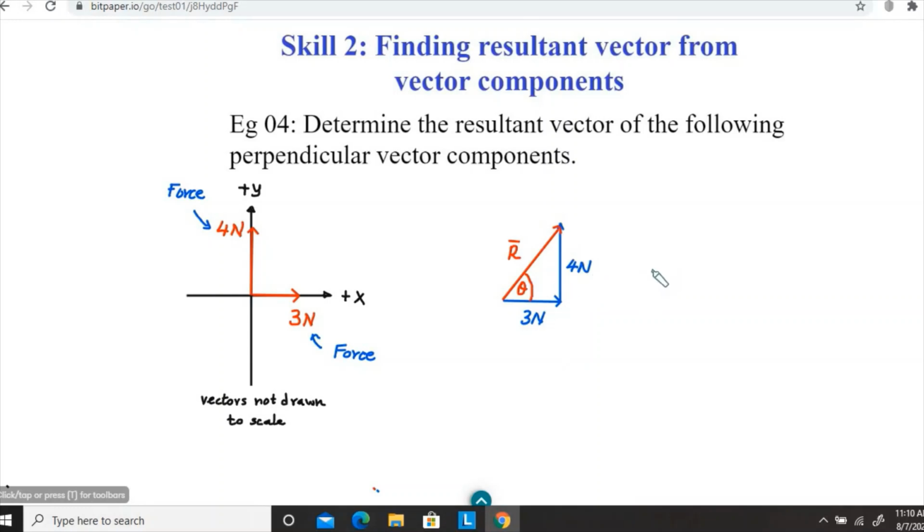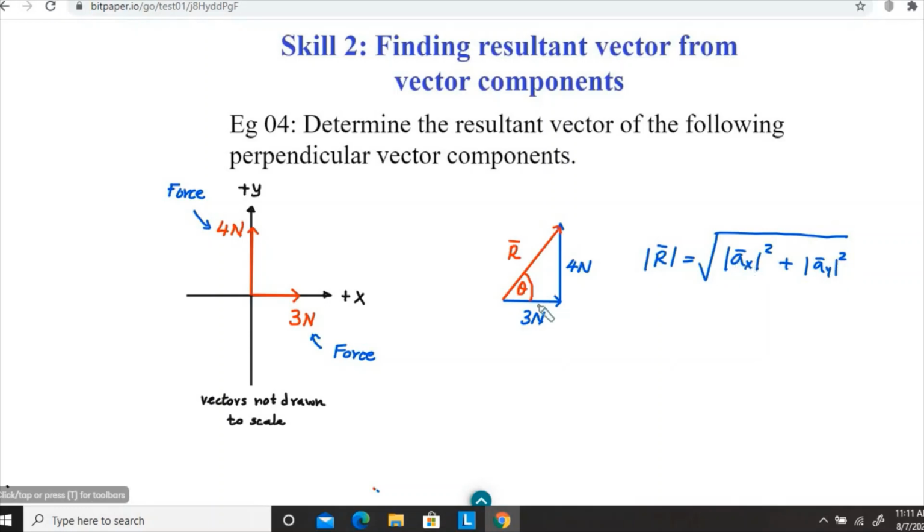So I'm going to use the expression that we got for the magnitude of r. If you recall, this is that expression. You have the magnitude of ax vector squared plus the magnitude of ay vector squared.